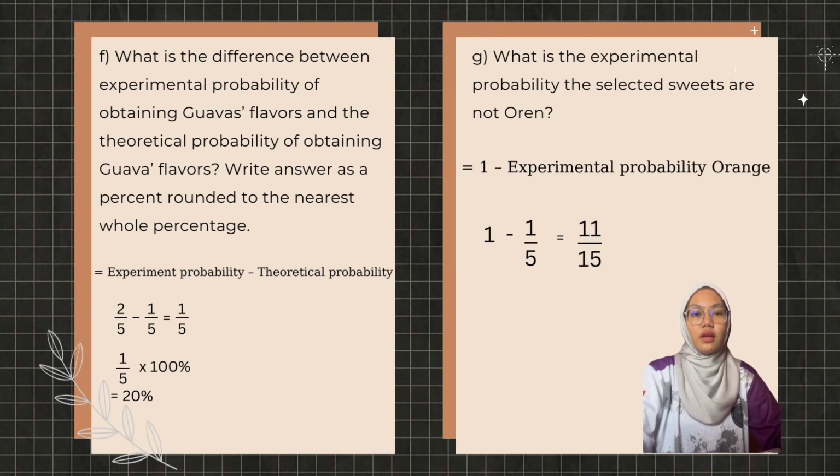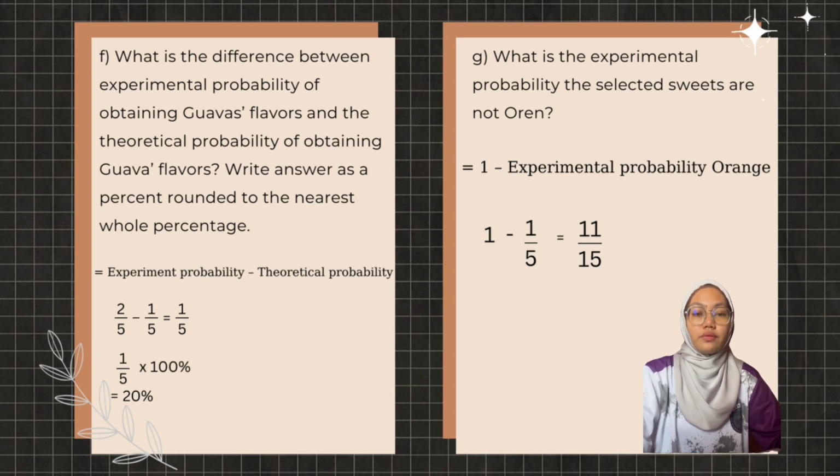Next question. What is the difference between the experimental probability of obtaining guava's flavor and the theoretical probability of obtaining guava's flavor? In this question, we are going to use the formula experimental probability minus theoretical probability. As we did in the questions earlier, we already know the answers for experimental probability and theoretical probability.